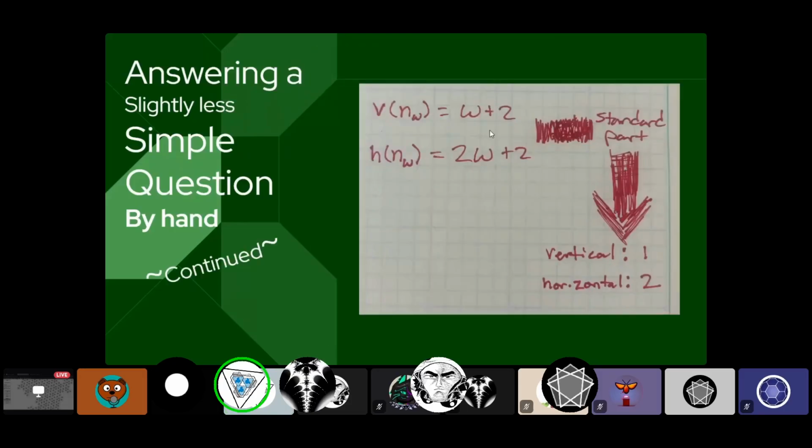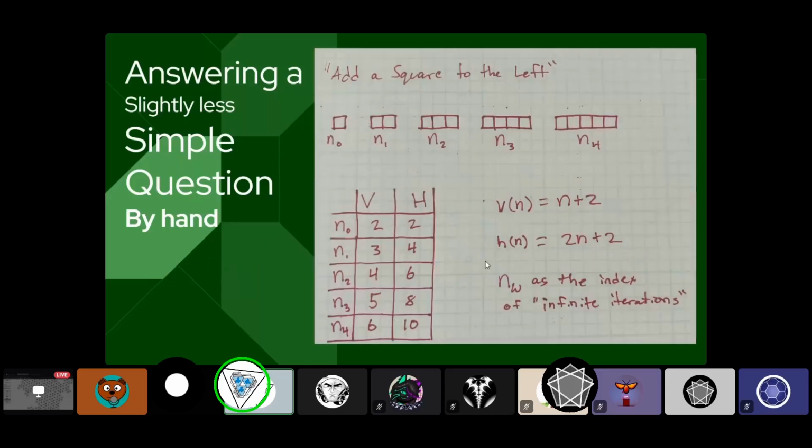If we plug omega into these equations and then take the standard part, which I don't really know enough about hyperreal numbers to be teaching other people about, the limit here is just a simple ratio of 2 to 1. On the previous slide, obviously there's never a ratio of 2 to 1 at any point in the table, but it approaches that ratio of 2 to 1. Does that make sense?